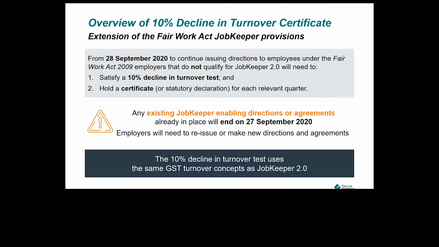So a different threshold for this purpose from the other thresholds that I referred to a moment ago, and also hold a certificate that has been issued by an eligible financial service provider, or in respect of small businesses have made a statutory declaration for the relevant quarter, and I'll come to the quarters in a moment.